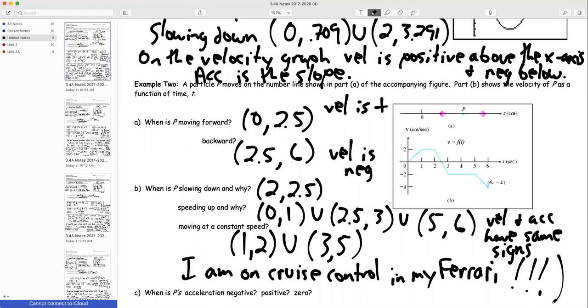Which does not mean that the velocity is 0. It means the acceleration is 0. But are they moving from 1 to 2? Does it have a velocity? Yes, it's 2 in this instance.